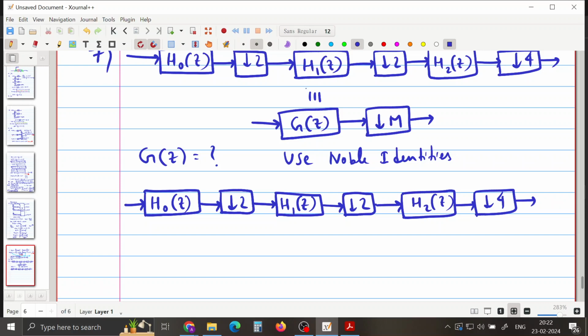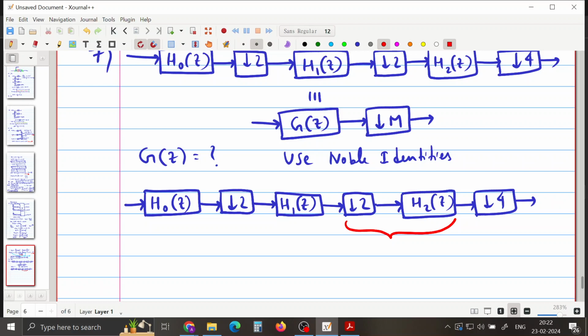For that, first what we can do is pair these two together. We can actually apply the noble identities on these two blocks. You see you have a downsampler followed by a filter. And this is indeed an efficient representation, because we want our downsampler to be done first, since that throws away some of the samples, and then we do the filtering and the computations on the remaining values only.